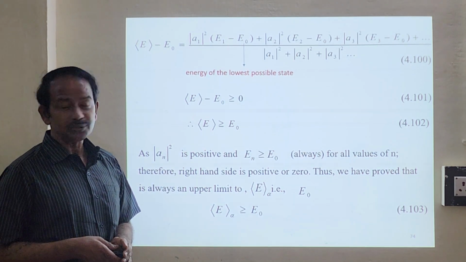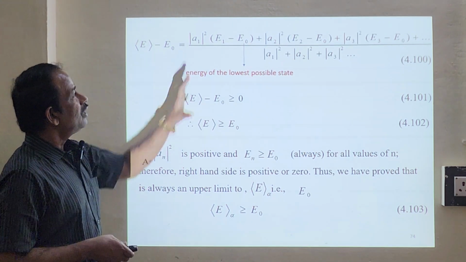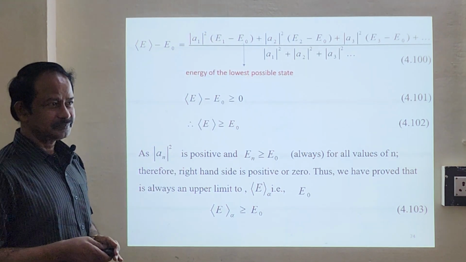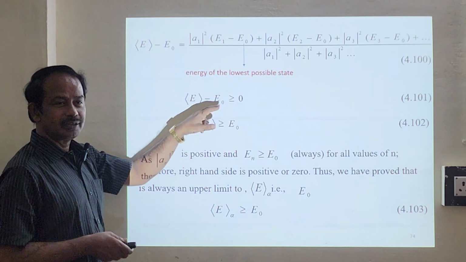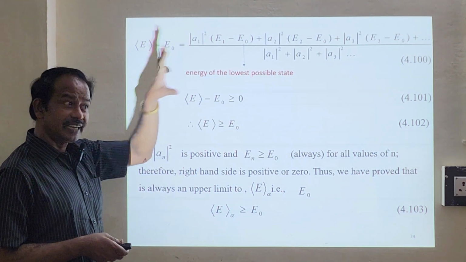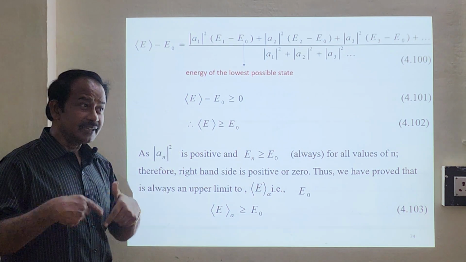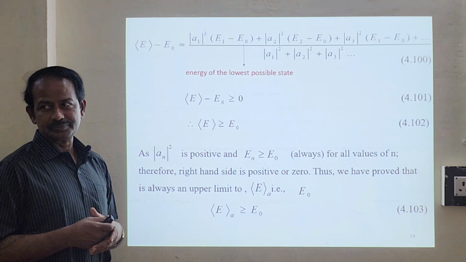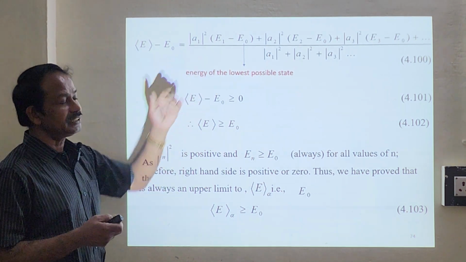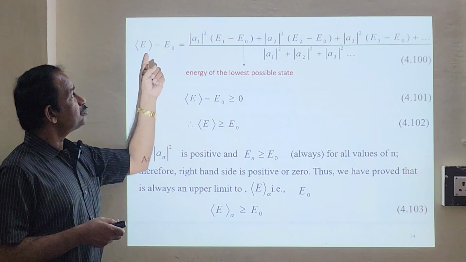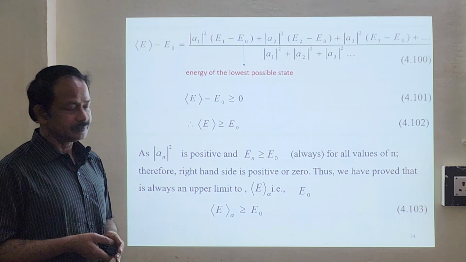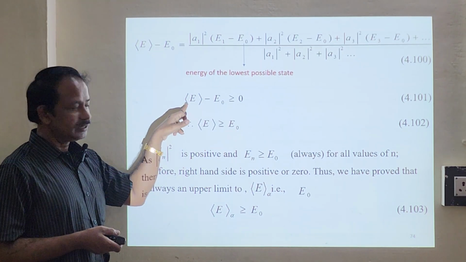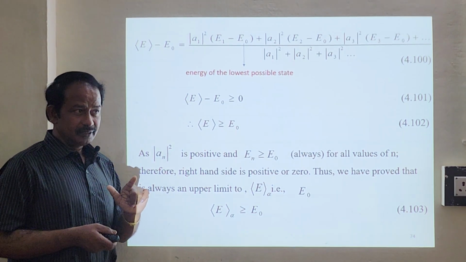E1 minus E0 is also a positive quantity, E2 minus E0 is also a positive quantity, and the right hand side will be a positive quantity. So this value will always be positive, so this must be greater than or equal to 0. The value should always be greater, or it can be equal.